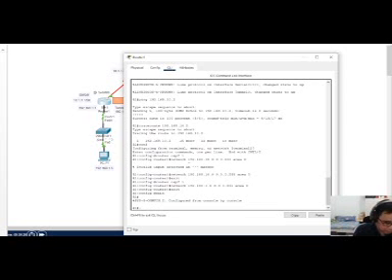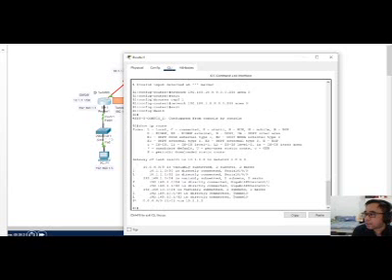Let's show IP route. Then they're connected to serial. One connected to serial 0.